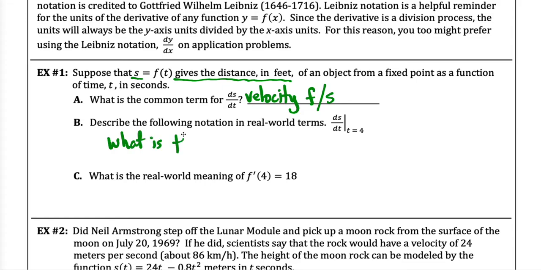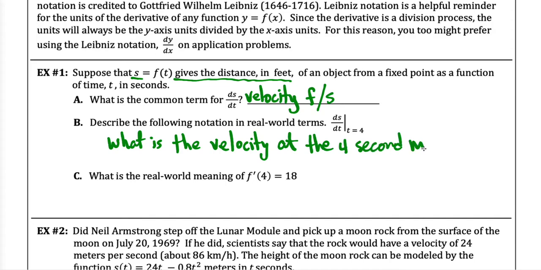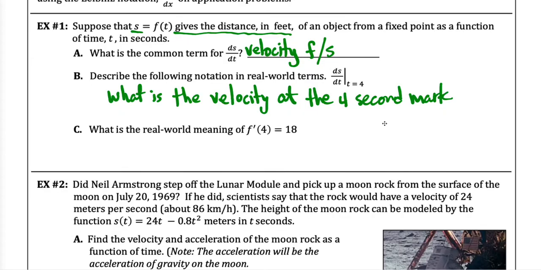What is the velocity, in feet per second. There are lots of ways you could say this. There's no exact phrase it has to be, as long as you recognize this stands for velocity at that time. That's the key part there.